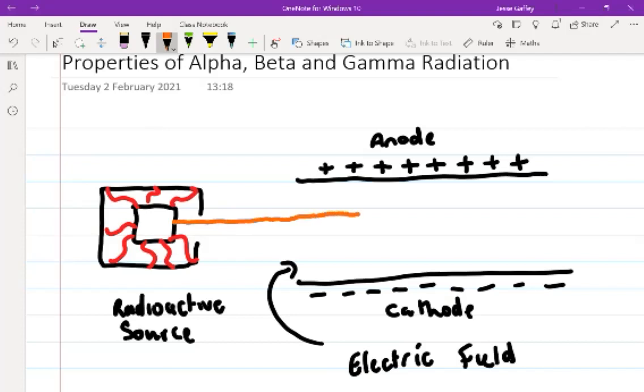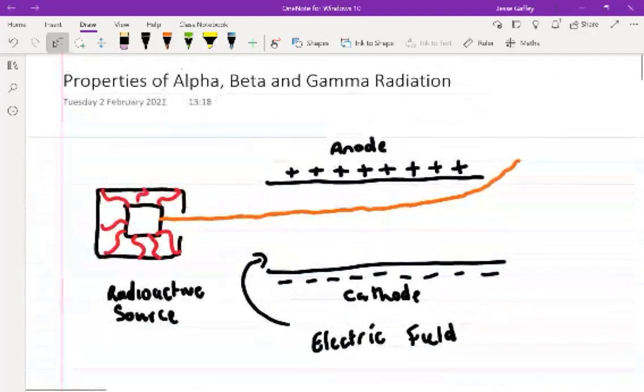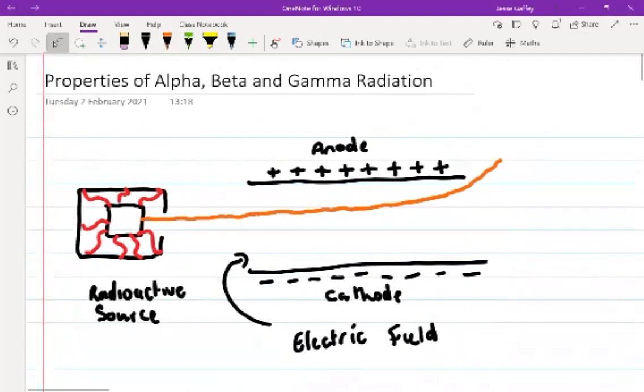Well, in our questions, we reviewed that beta particles have a negative charge. So because of that, we know the rule is that opposites attract. Should know that from our bonding. And beta particles will end up being deflected up here.